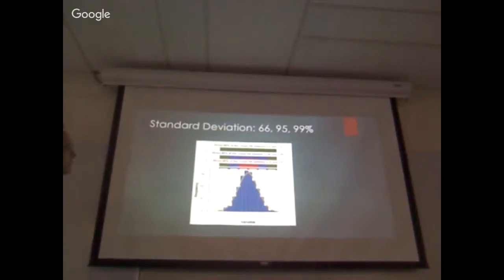If you're going to look at a normally distributed population and where those groups fall, 68% is going to be plus or minus 1 standard deviation, 95% plus or minus 2 standard deviations. By the time we get up to 3 standard deviations, we have 99% of the population.